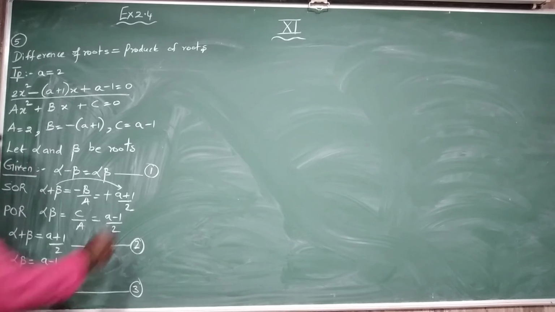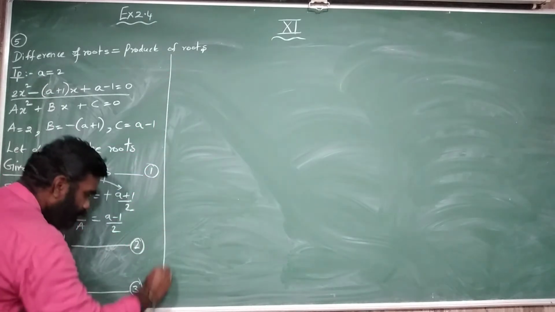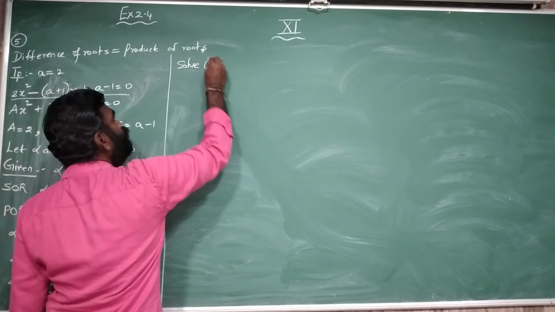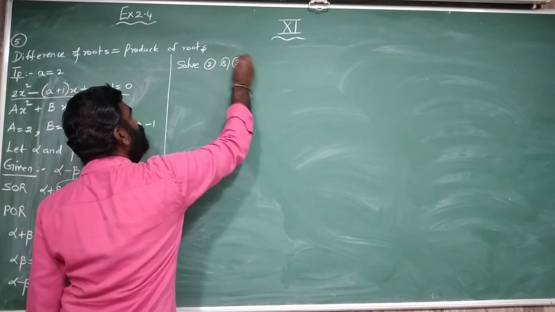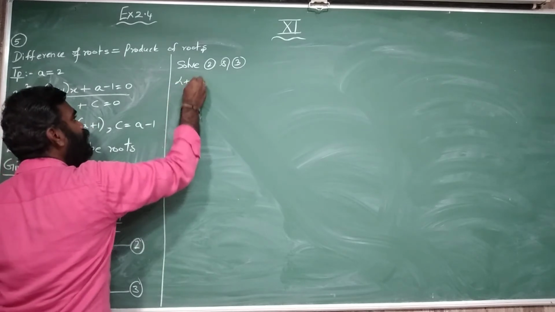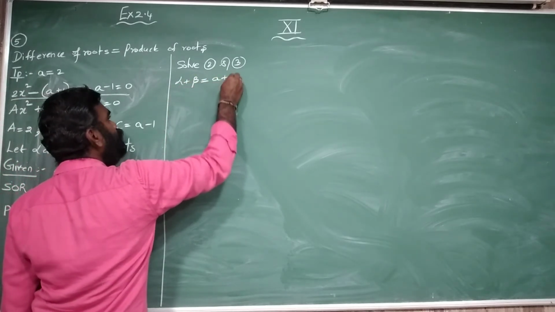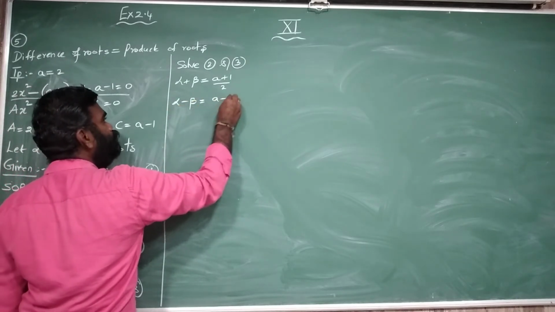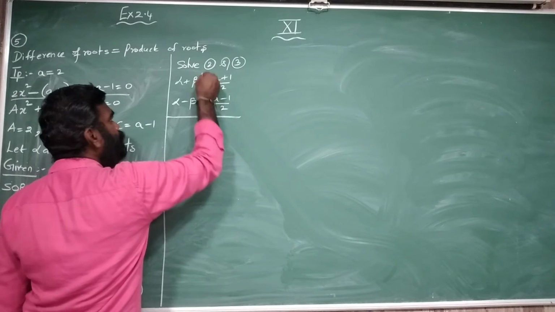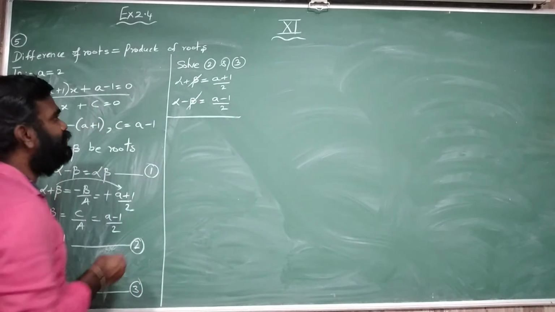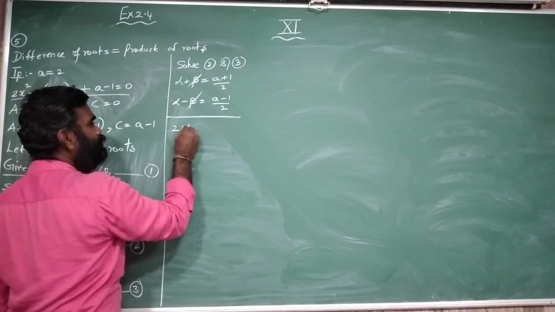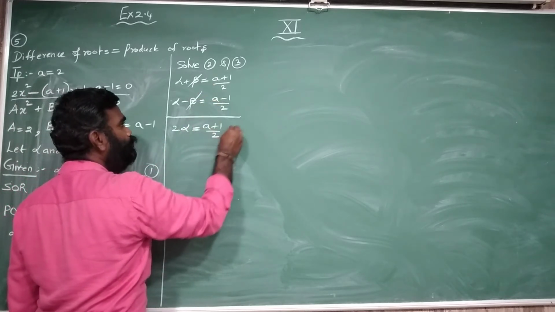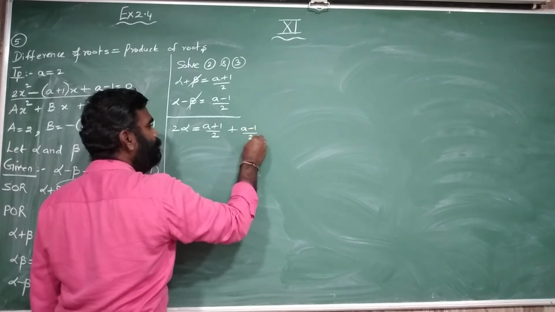So I am going to solve 2 and 3. What is the second equation? Alpha plus beta is equal to (a + 1) by 2. Alpha minus beta is equal to (a − 1) by 2. Adding, plus beta minus beta gets cancelled. Alpha plus alpha is equal to 2 alpha. Add both these values, (a + 1) by 2 plus (a − 1) by 2.